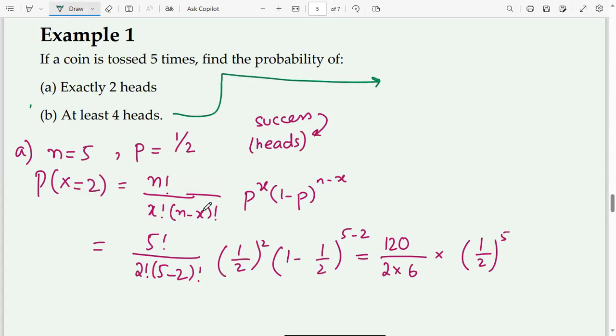ग्रीन कलर से यहाँ पे सेकंड पार्ट का सॉल्यूशन देखिएगा. At least 4 heads. At least 4 heads का मतलब है कि x is greater than or equal to 4. अब जब 5 टाइम्स आप टॉस करते हैं तो at least 4 का मतलब क्या है?